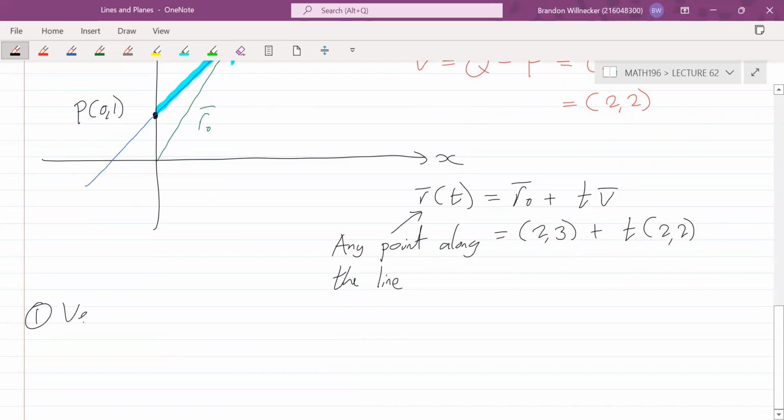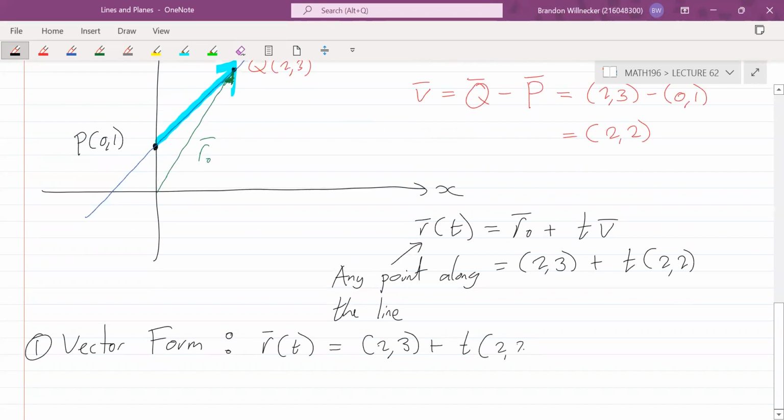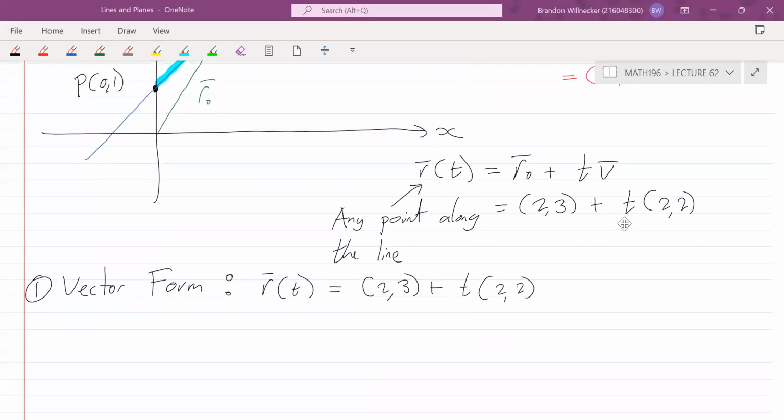Number 1, the vector form. This is writing r of t is equal to (2, 3) plus t (2, 2). Now, since these are vectors, we can add them together to get a new vector, and that gives us our second form, which is parametric equation form.